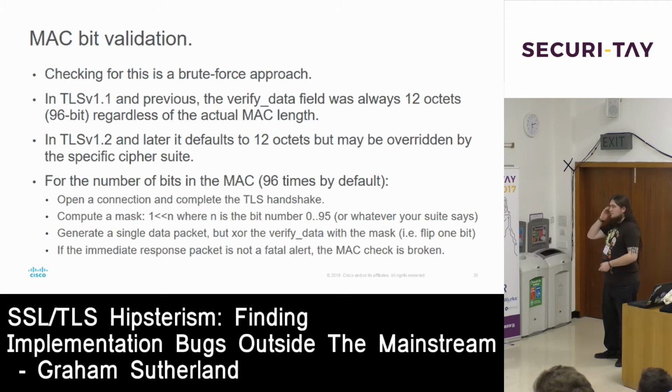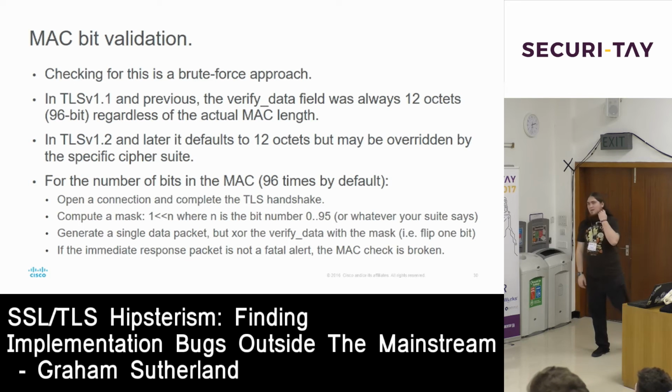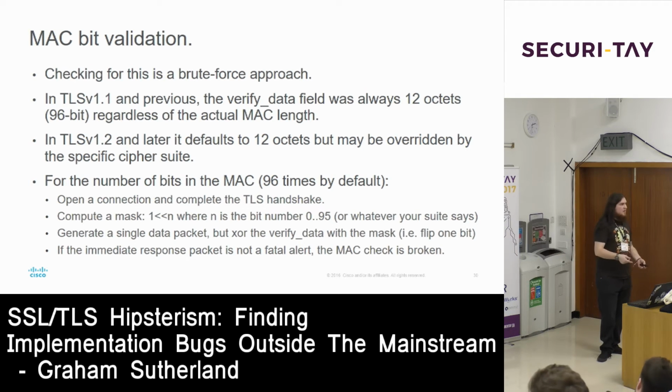So checking for this is a brute force approach. In TLS v1.1, the verify data field was fixed at 12 bytes. So it's a 96-bit value. So your MAC for each packet was always 96 bits. If the MAC type in use was shorter than that, they would just pad it. In TLS v1.2 and later, they changed that.